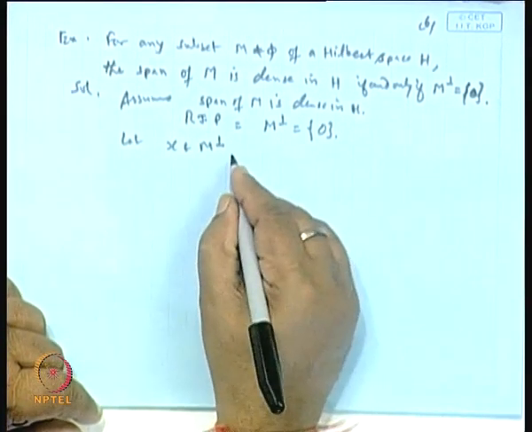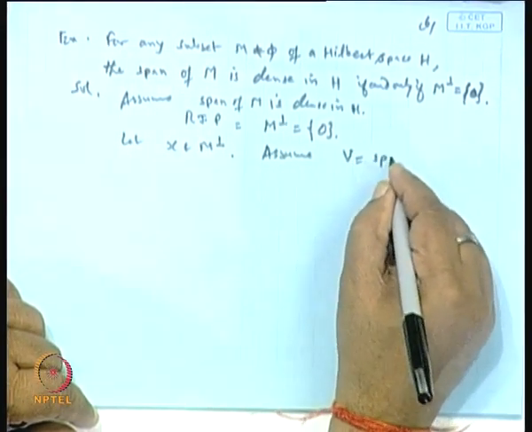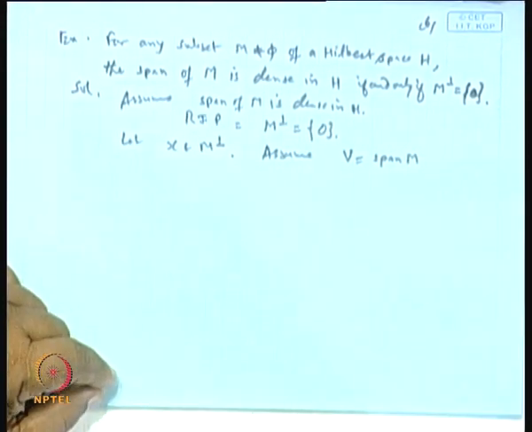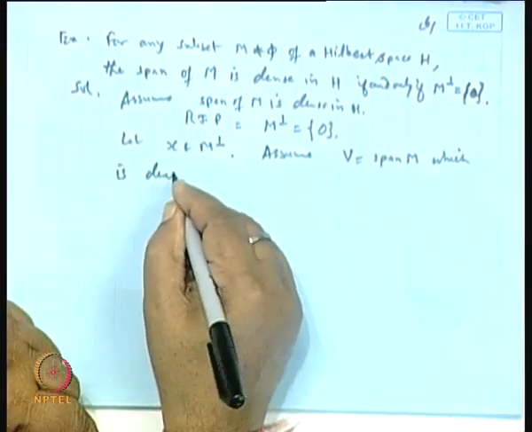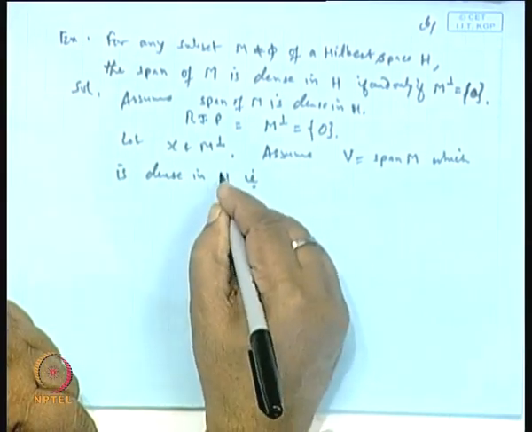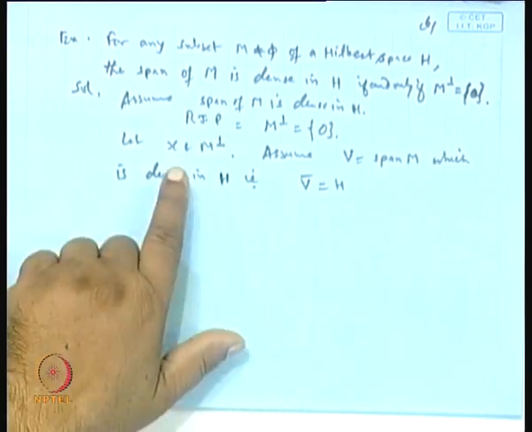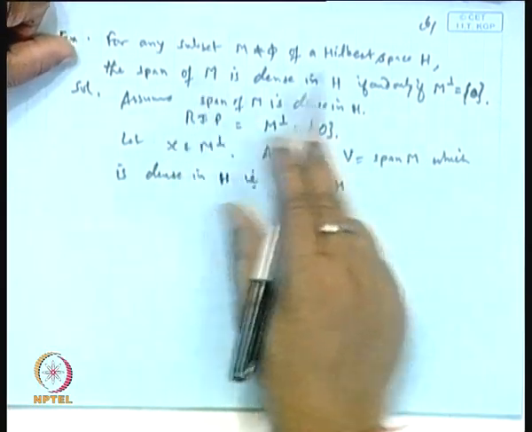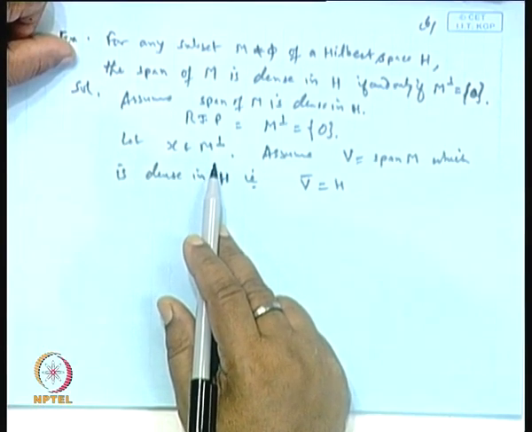Now, assume V is the span of M, which is dense in H, that is, the closure of V is H. That is what dense means. Now, M is a subset of the Hilbert space H. M perpendicular, the orthogonal complement, is always closed.